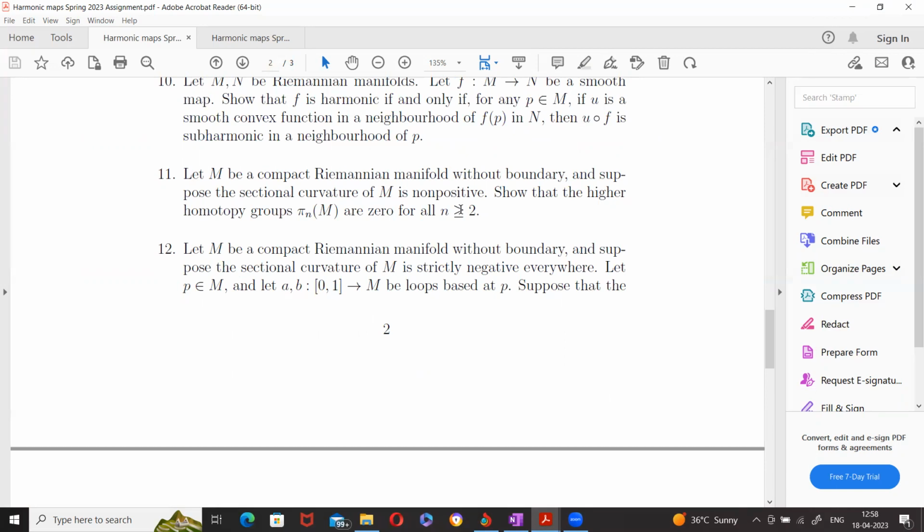So you have to say the sectional curvature of the spheres is positive, hence the Ricci curvature of the sphere is positive, and the sectional curvature of the target manifold is non-positive, which implies that any harmonic map is constant. You have to quote whatever theorems you're using. If you use any theorems, state them clearly.